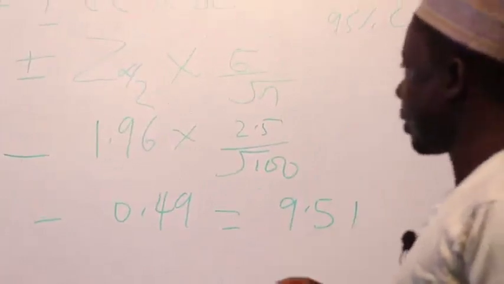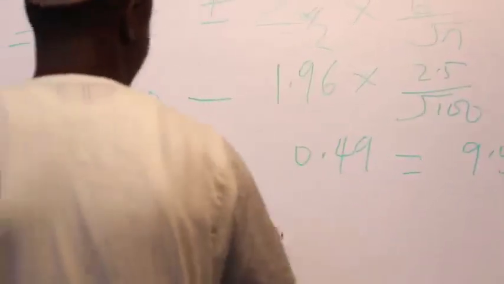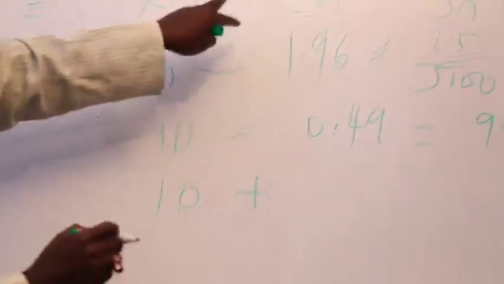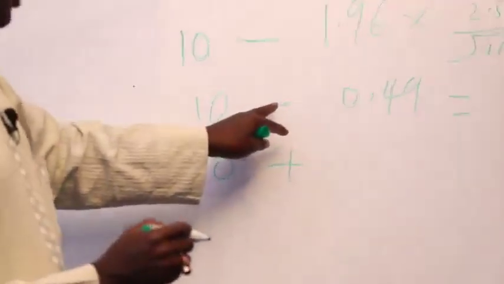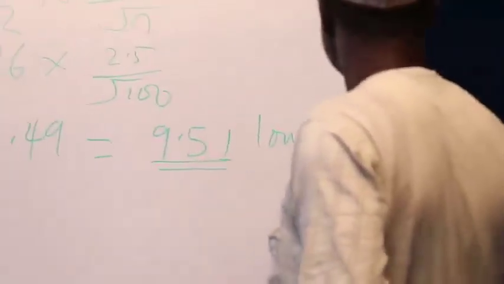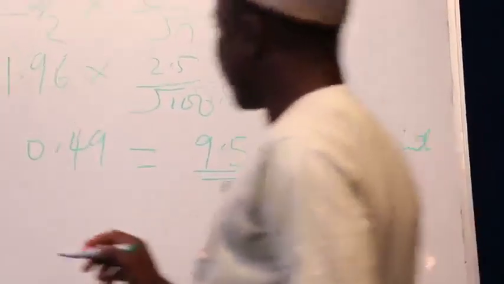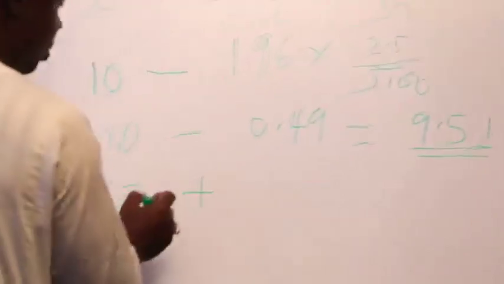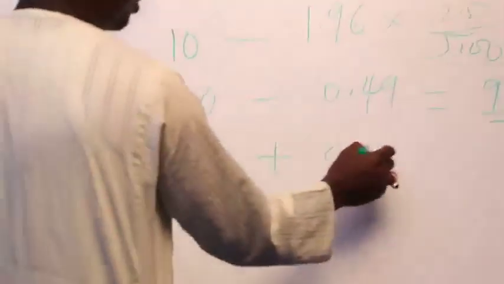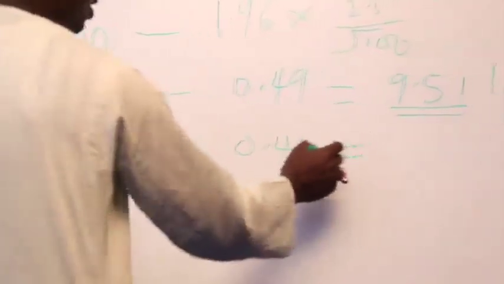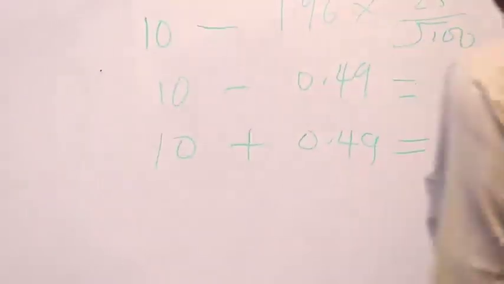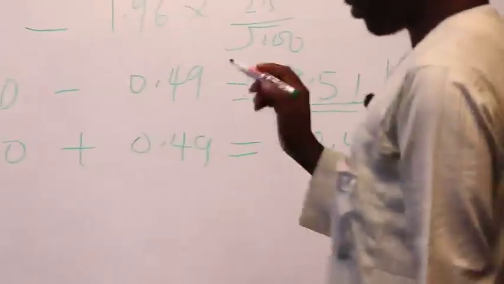This is for the minus, which gives us the lower limit. And then if we take the plus, it will be 10 plus 0.49, which will give us 10.49.